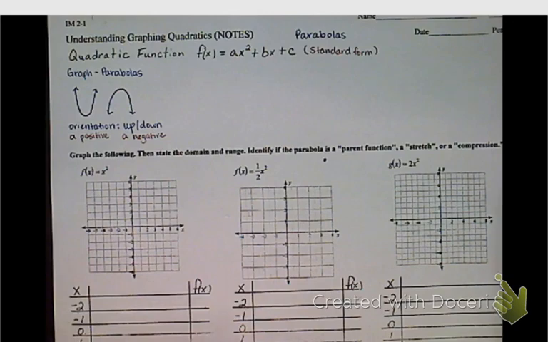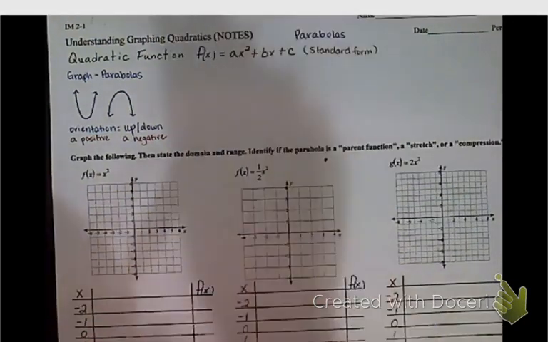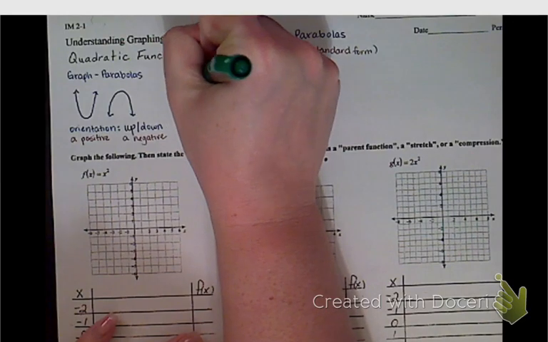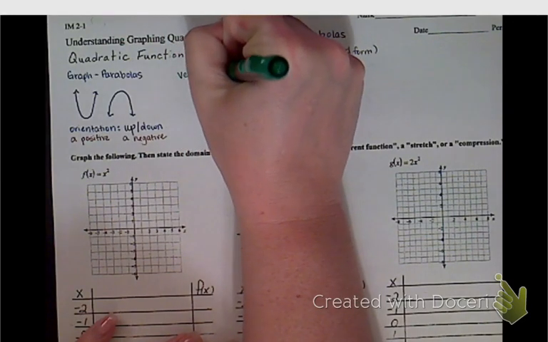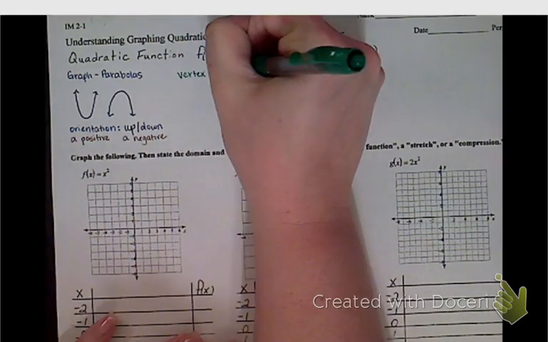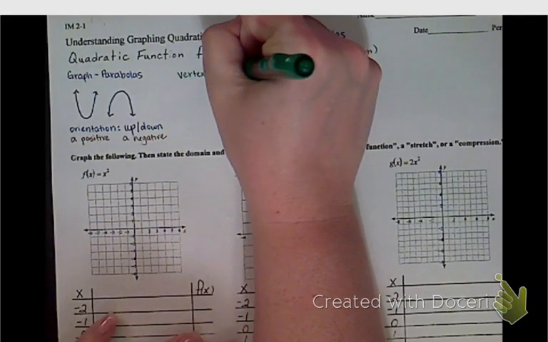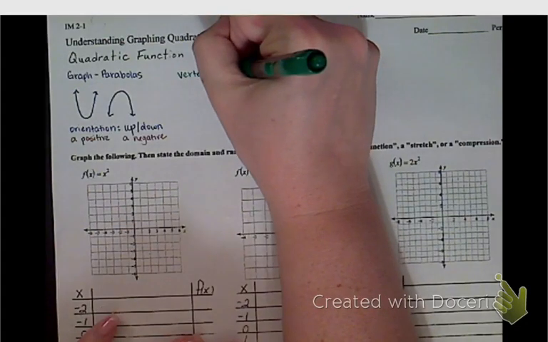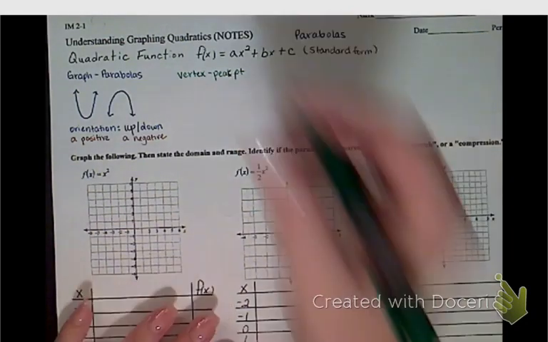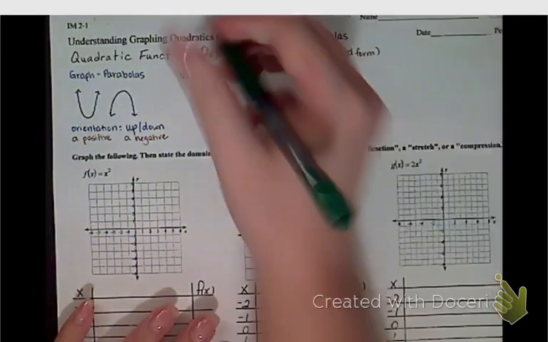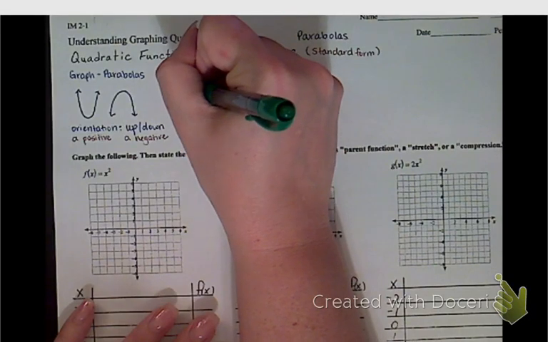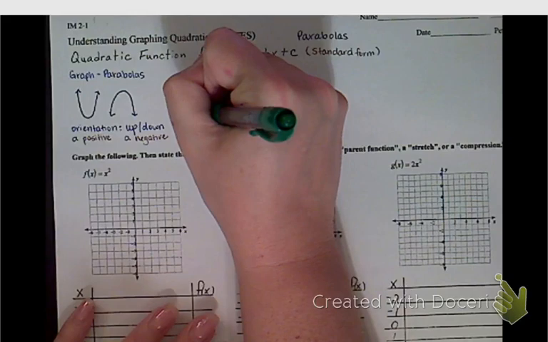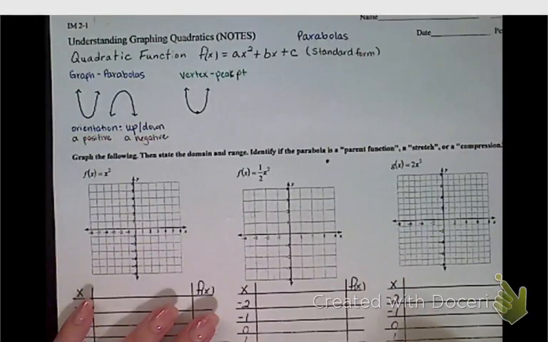Another super important piece on a parabola is the vertex. And this is going to be known as your peak point. We'll talk specifically about what you'll see. But again, we have two ways that our graph is going to open. So if our graph opens up, our vertex is going to be down at the bottom of our graph.